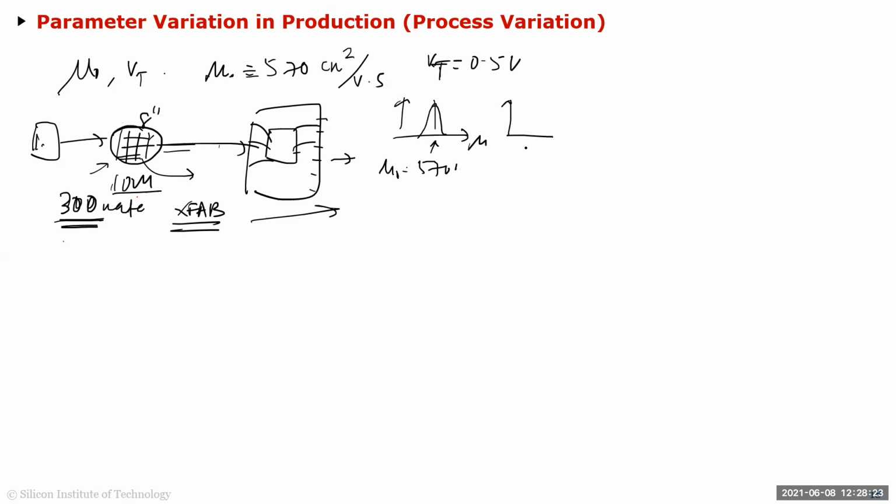Same thing when I measure the VT, they'll be all around 750, but they'll have a local variation. It will depend on the size and all that. It might be a few millivolts, like 2 millivolt or even 10 millivolt, depending on the size and so on. But all the 10 million chips will be around this mean. The VT, mu n, and other parameters will be around that.